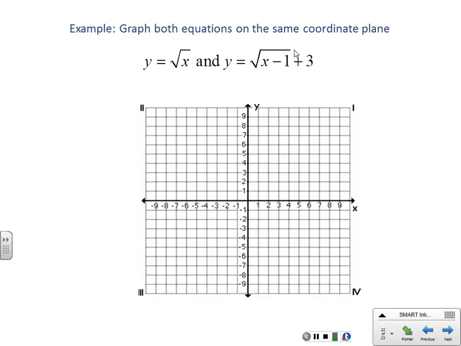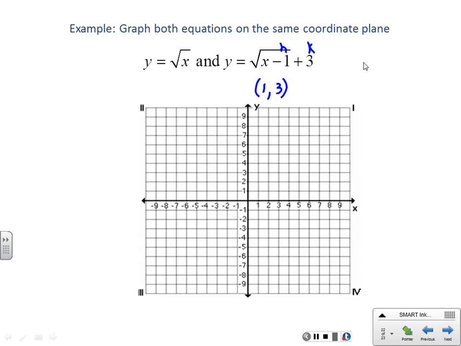If you see this grouping symbol, in this case it's a radical, and there is a number underneath that radical, what is that? That is your h. So h is going to be 1, and k is going to be 3. Your h is underneath, k is out there by itself.